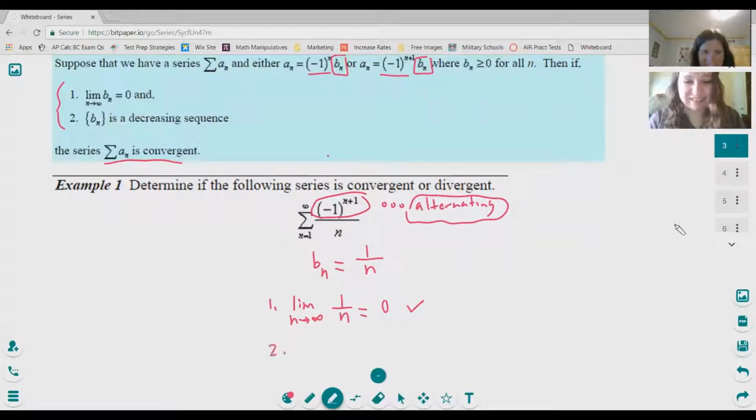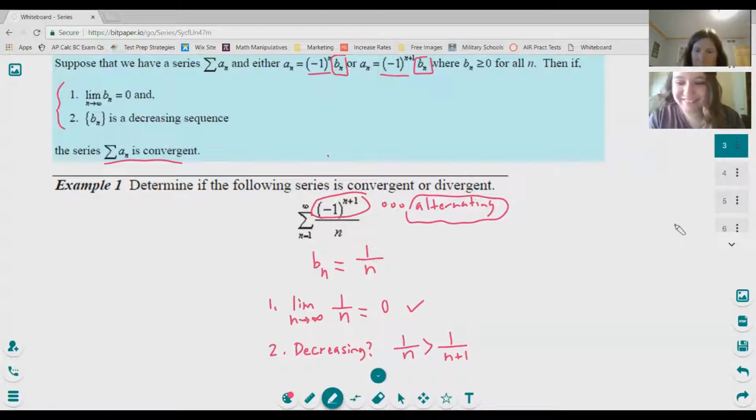Halfway there. Second thing, I need to see, is it decreasing? Is b sub n decreasing? So there's a couple different ways to figure out if b sub n is decreasing. The easiest one is to look at your nth term and then look at your next term. Your next term would be n plus 1. So if you compare 1 over n to 1 over n plus 1, what inequality sign can I put there in the middle? Greater than.